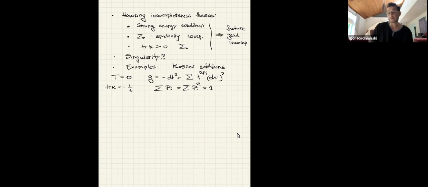And so you can then read off from the metric itself that the metric collapses at t equals 0. So at t equals 0, we have a singularity. Moreover, it's a strong singularity in the sense that we can actually compute how strongly the Kretschmann scalar, for instance, blows up. And we see that the Kretschmann scalar behaves like a constant divided by t to the power of 4. So this is a space-like singularity.